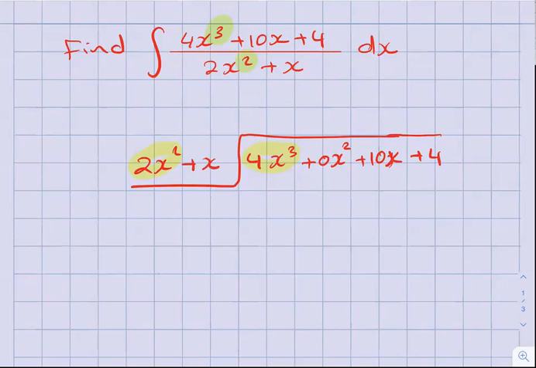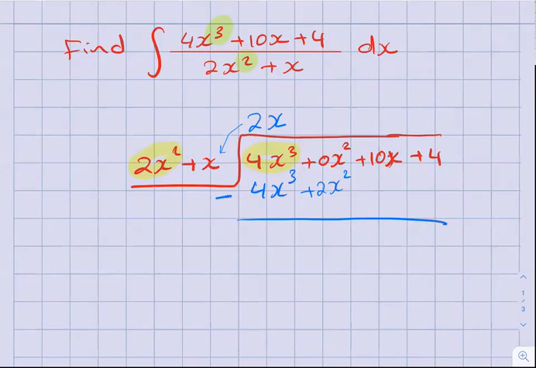Then 2x times 2x squared is 4x cubed. Then 2x times x, we multiply by this, and there's a positive sign on both, so that's plus 2x squared. And now we subtract.